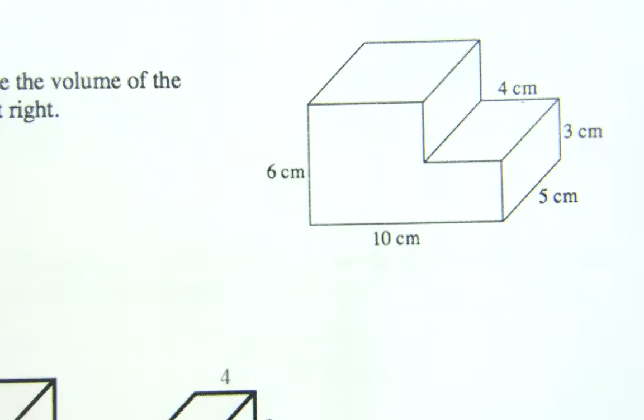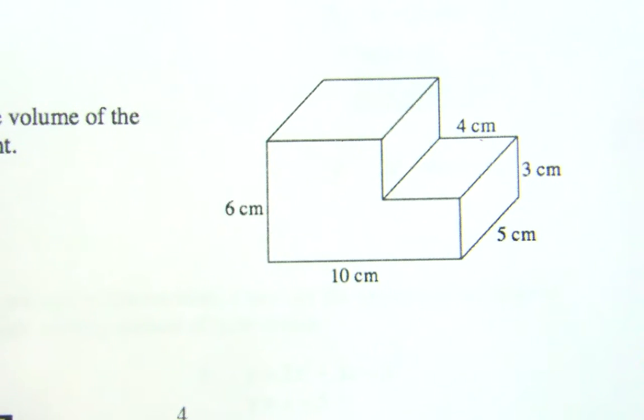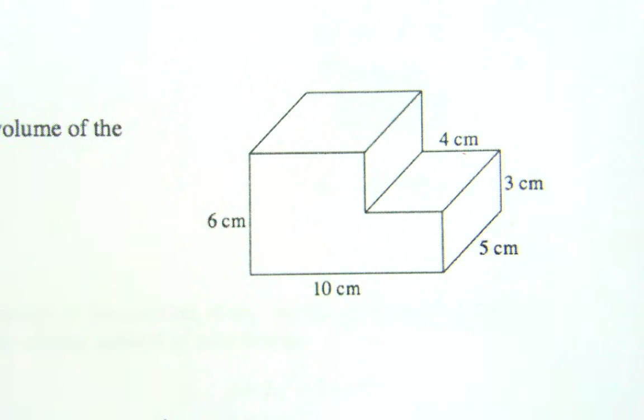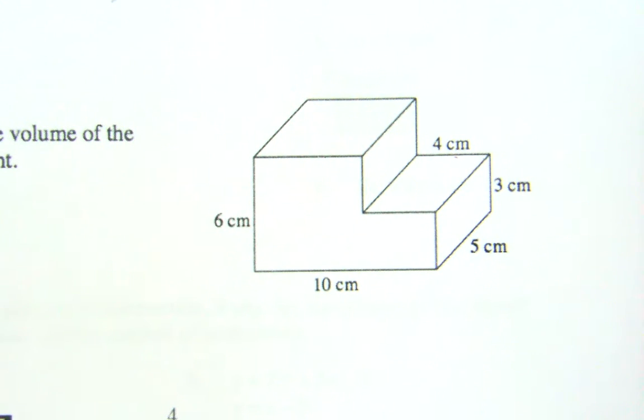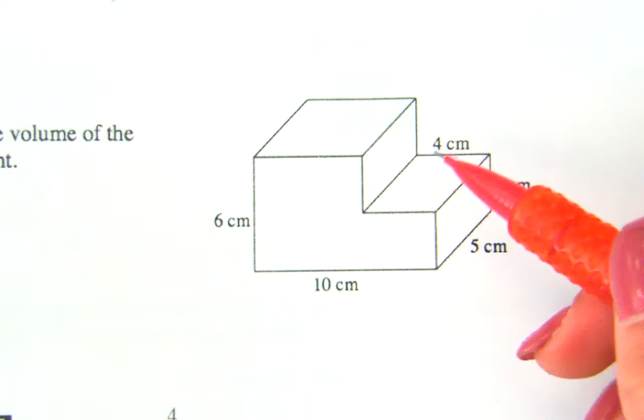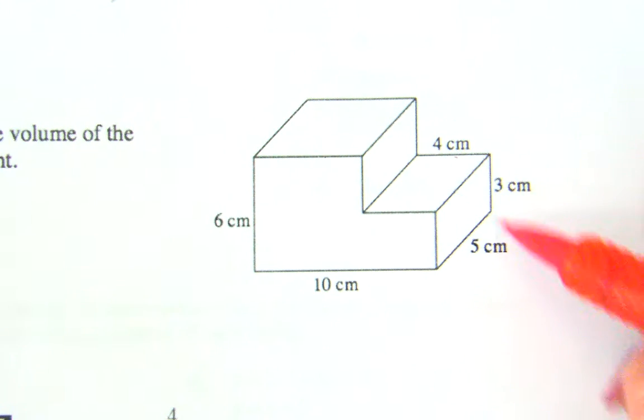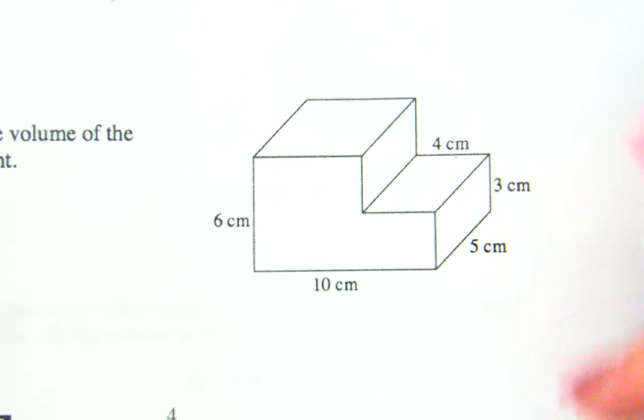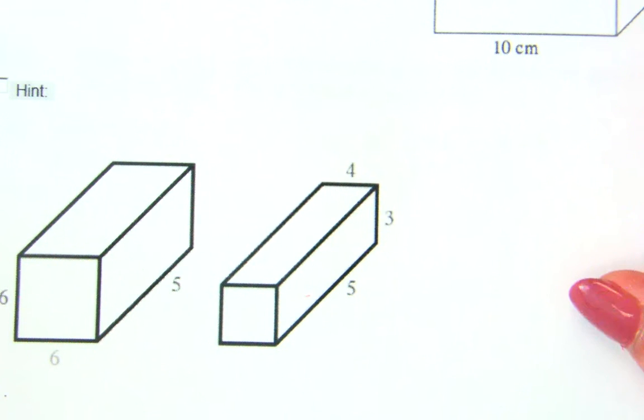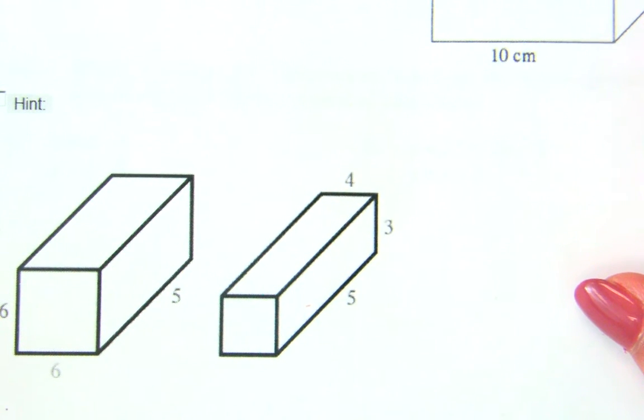Okay, compute the volume of the figure at the right. So the book, actually not the book, the internet was pretty good about breaking this apart, so I thought I'd click on the hint, and sure enough, this is technically like a step. If you really think about it, here's the first step, the second step. For the volume, we want the length times width times the height of each part of this. So the internet was pretty good about breaking it apart into two equal pieces.